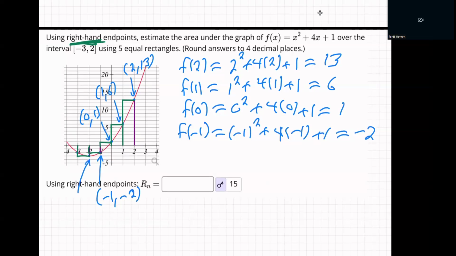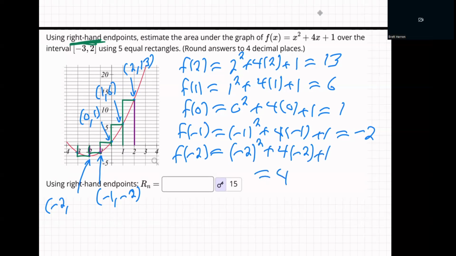And then there's this one, which is back 2. Plug that in. That comes out as 4 minus 8 plus 1, minus 3.